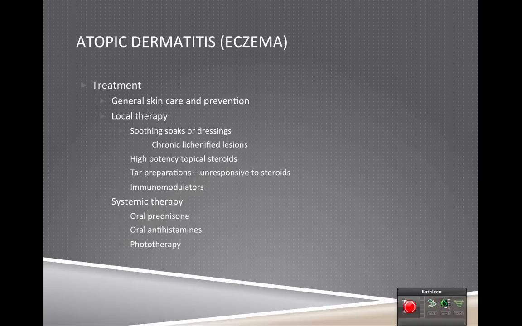It's not first line, know that. It is not first line because it can cause cancer. Elidel is an example of an immunomodulator, and tacrolimus is another. Again, it's not first line, it's short-term treatment, and it has a black box warning for cancer.